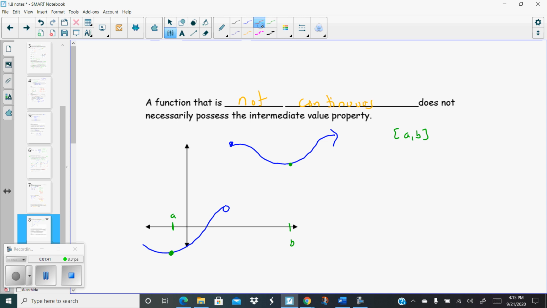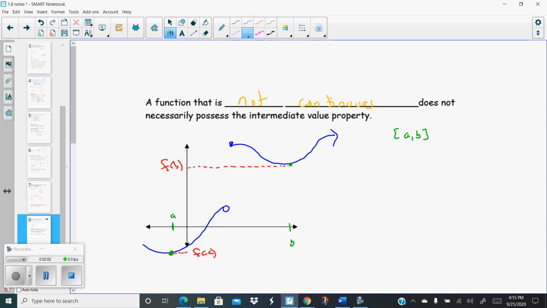So if we were to sketch over here our f of B, down here kind of is our f of A. I know it's below the line. So f of A and f of B are clearly not the same, so it really does possess every single possibility except for the continuity part.